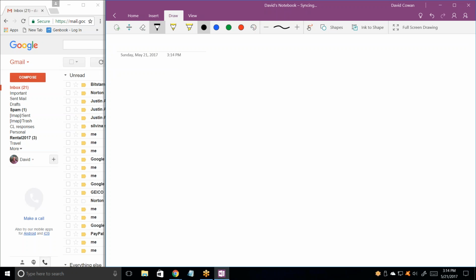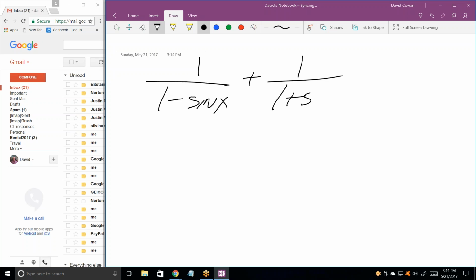Okay. What else? The next one is 1 over 1 minus sine of x plus 1 over 1 plus sine of x equals 2 secant squared of x.